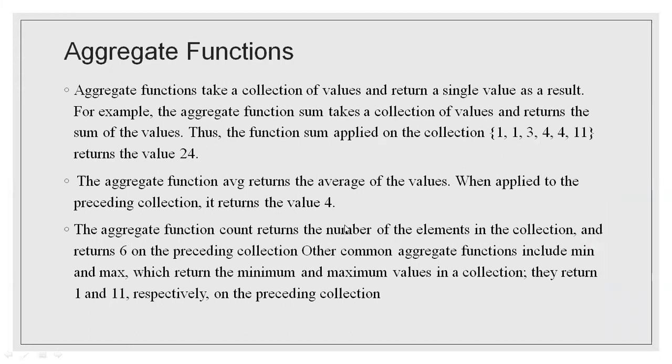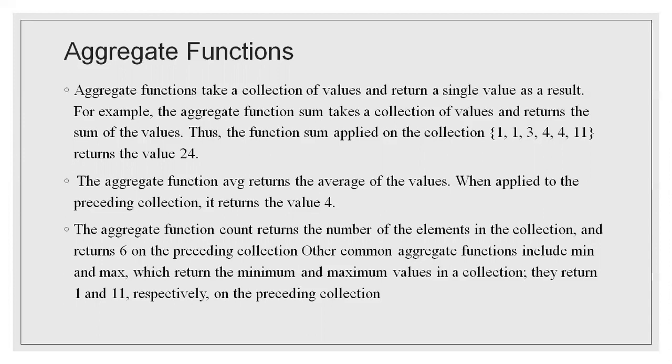Next is aggregate function. Aggregate functions take a collection of values and return a single value as a result. So we have values like 1, 1, 3, 4, 4 and 11. If we apply the aggregate function sum, we get the addition of all these, which is 24. Next, the aggregate function average returns the average of all the values, that is 4.